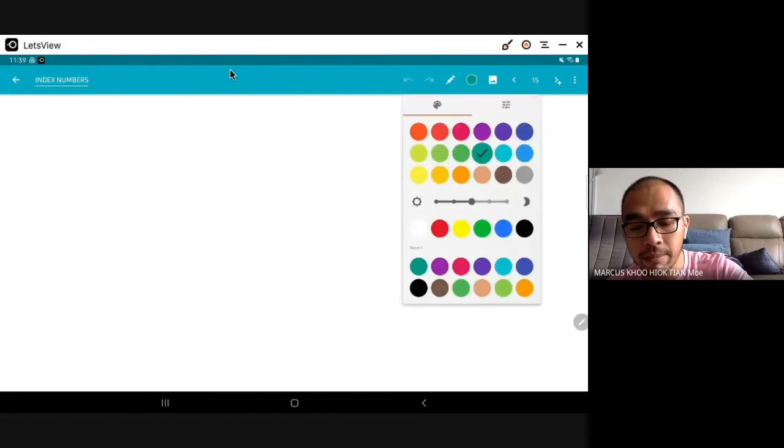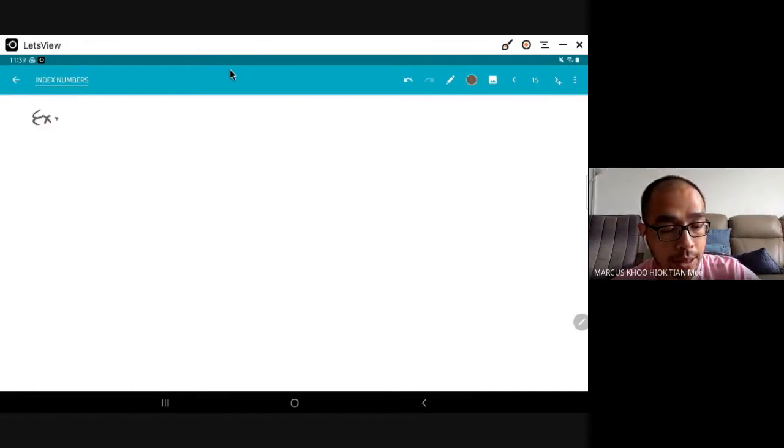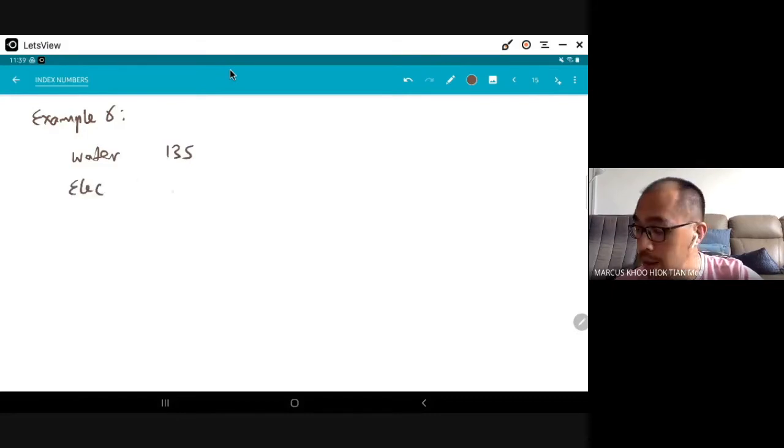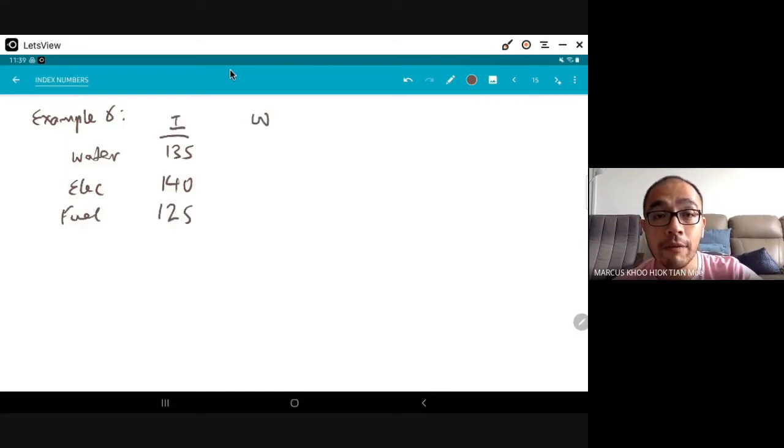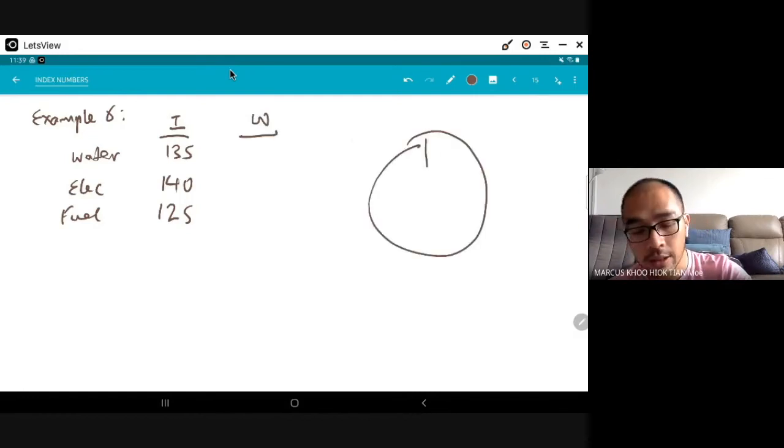Okay, take a look at example 6. In example 6, they give you the price index. So water is 135, electricity is 140, and fuel is 125. So they give you the price index, but they didn't give you the weight. But they gave you a bar chart. So actually this bar chart shows fuel is 25%, water is 17%, electric is 58%.